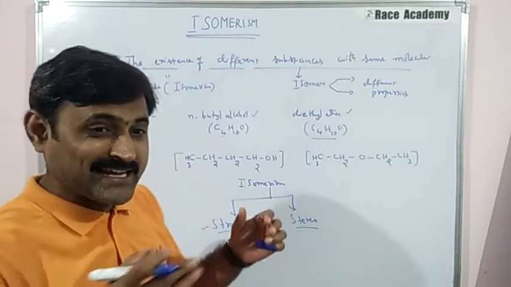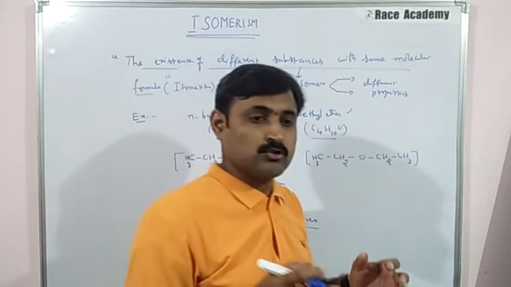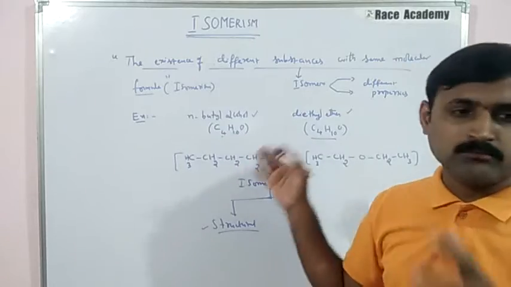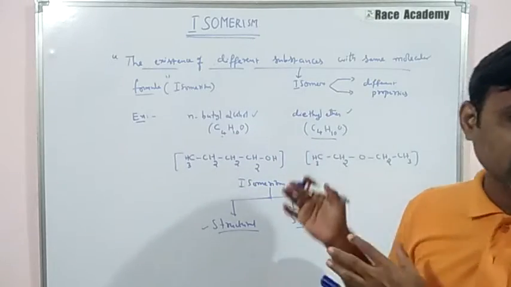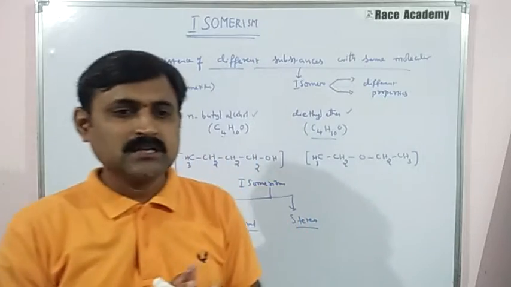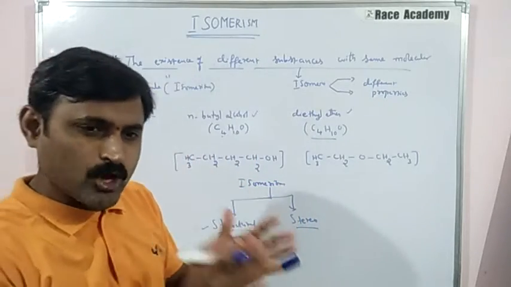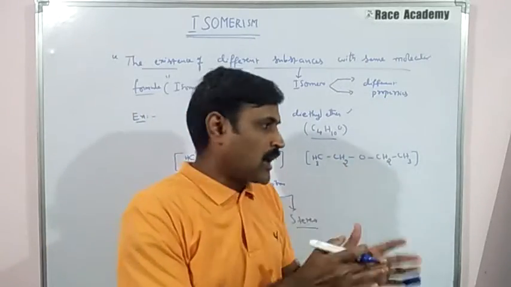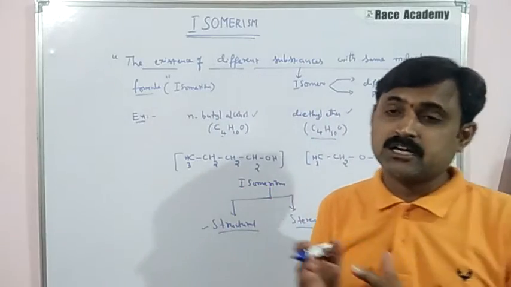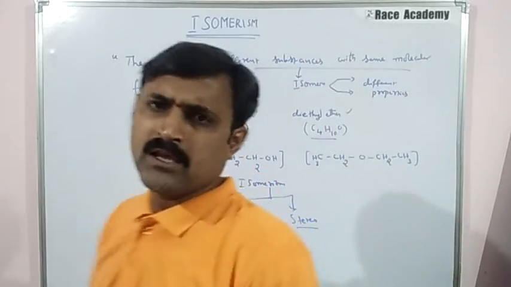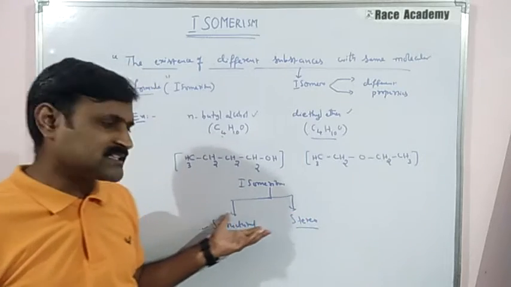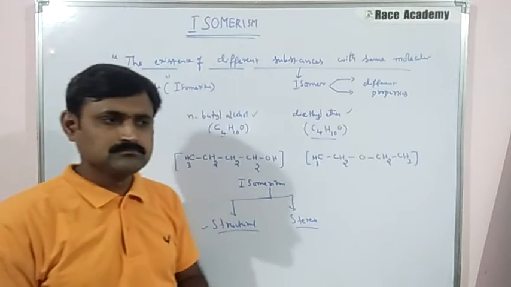Different connectivities exist in the same molecular formula of this alcohol and ether. That's why they have different properties, and such compounds with the same molecular formula but different structures are called structural isomers. So with this example we can define structural isomerism.